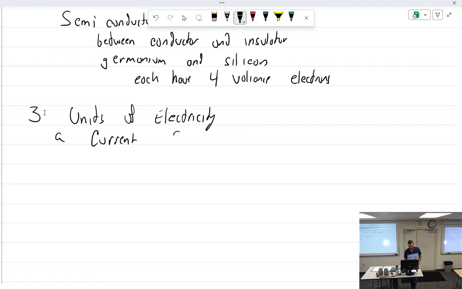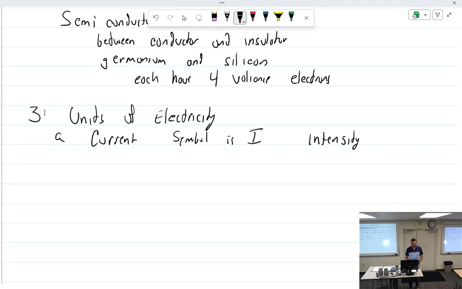And the symbol is I, which stands for intensity. The conventional symbol for current is I, which may seem puzzling. It originates from the French phrase intensité, or in English, current intensity.